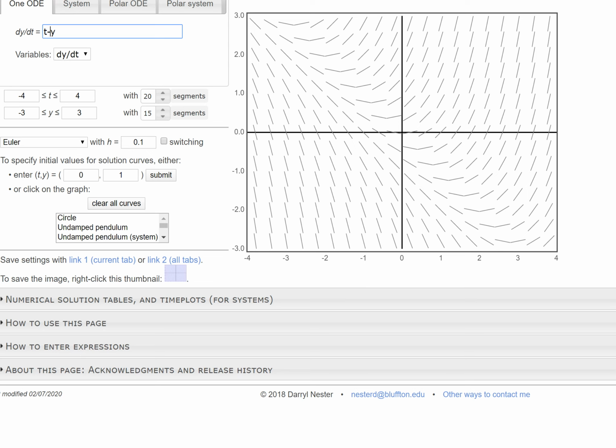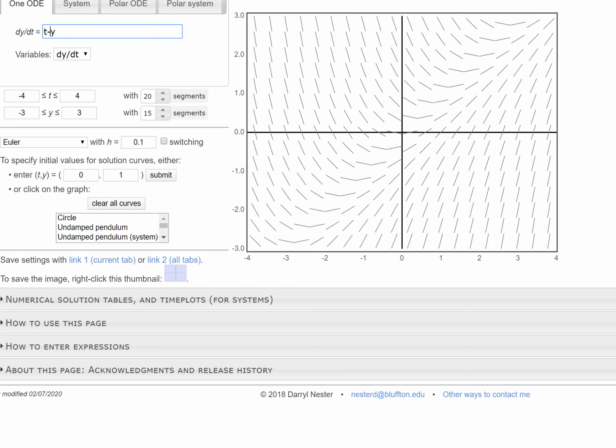Some of your options are you can change the window that you view your direction field on, and you can change the number of slope field elements. But I'm okay with the ones that are preset for us. Notice that this does create a direction field similar to the one that we created by hand.